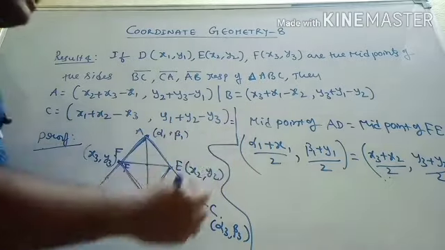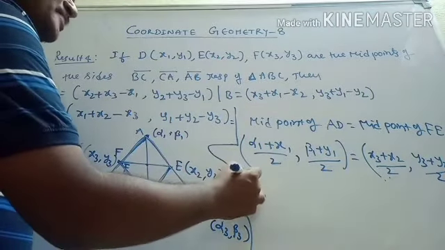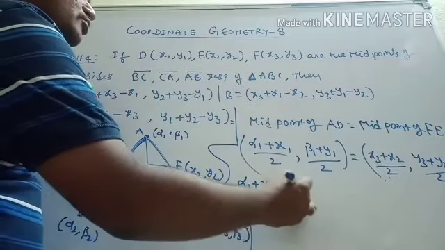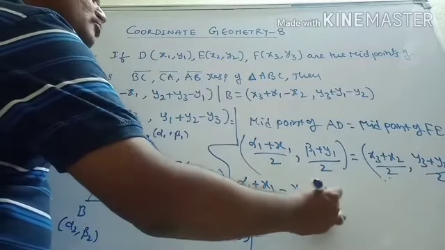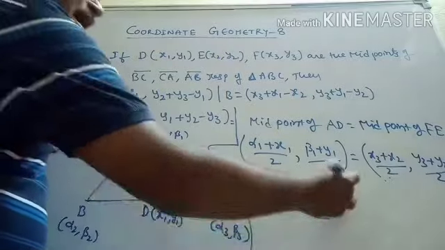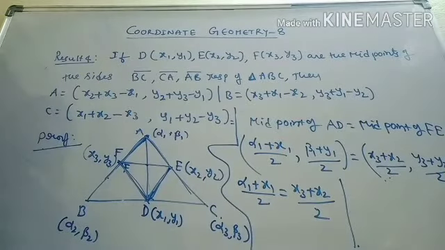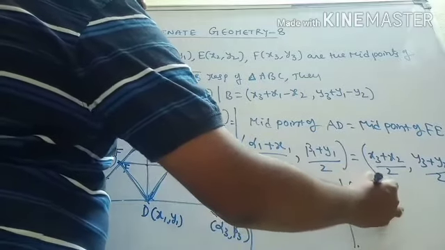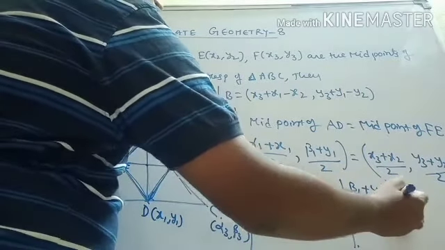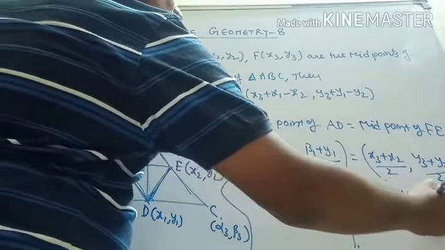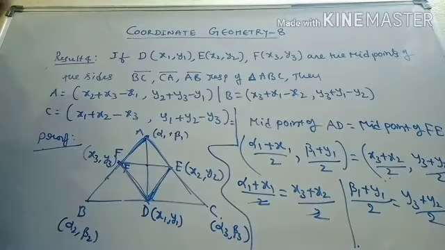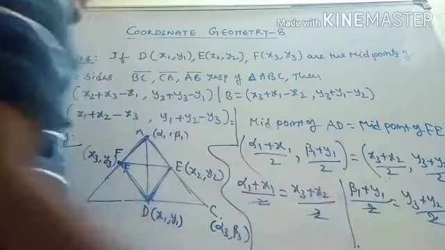Now let us equate the corresponding coordinates. We have (alpha 1 + x1)/2 = (x3 + x2)/2, and (beta 1 + y1)/2 = (y3 + y2)/2. The 2 will cancel on both sides.